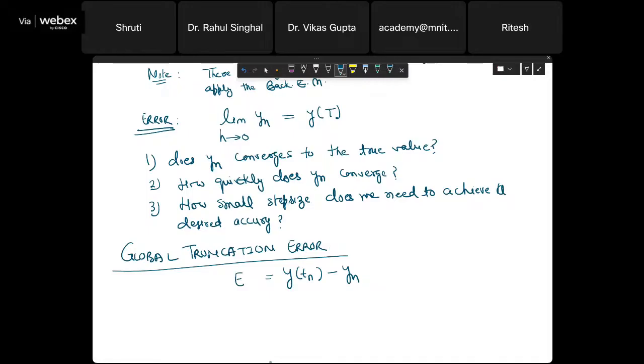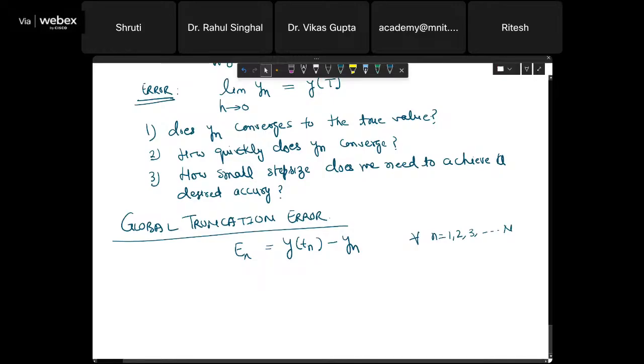We can denote it by capital E with subscript n, and we can write this for all steps, all mesh points. This is the very usual manner. We always look for the error, and that is what we have done in the examples as well, right?